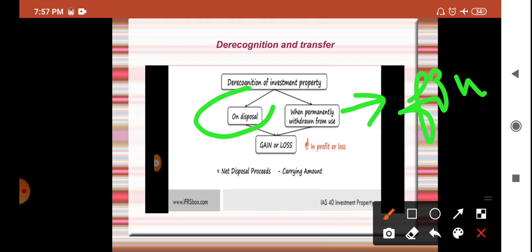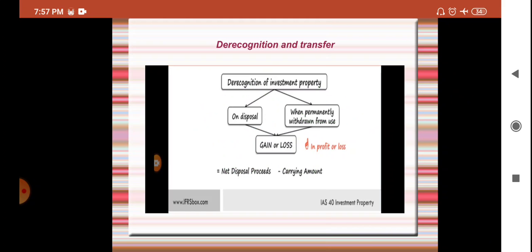So from both of these it can be a gain or a loss, and you have to show it in the profit and loss account. If you sell the asset, either you can gain or you can face a loss. If you are permanently withdrawing that asset, then also you can get a gain or you have to face a loss. Both you have to show in the profit and loss account.